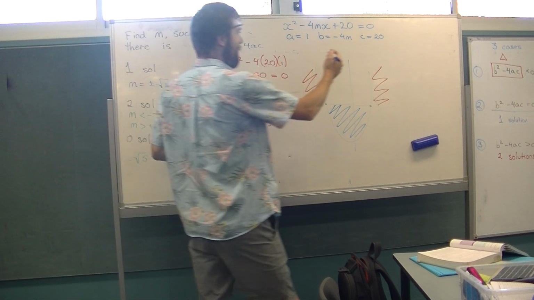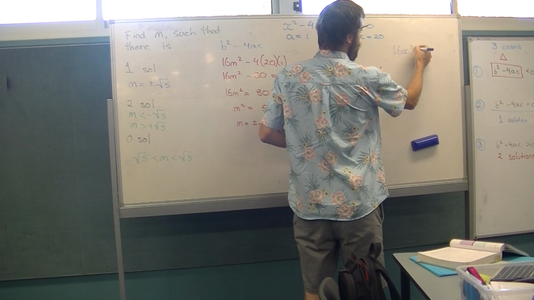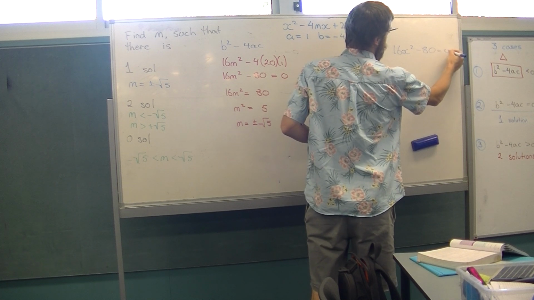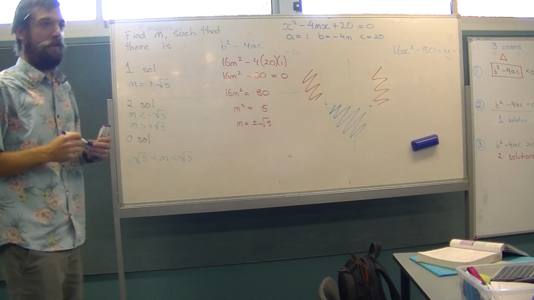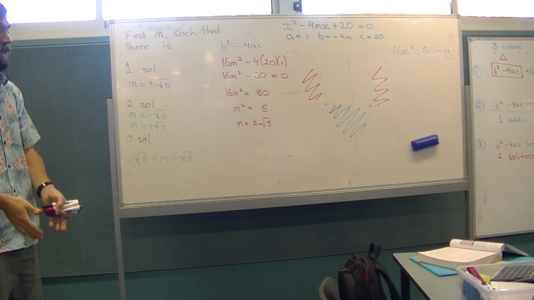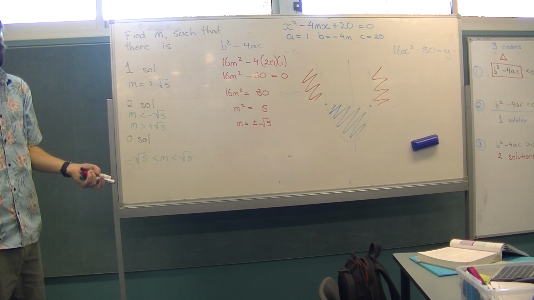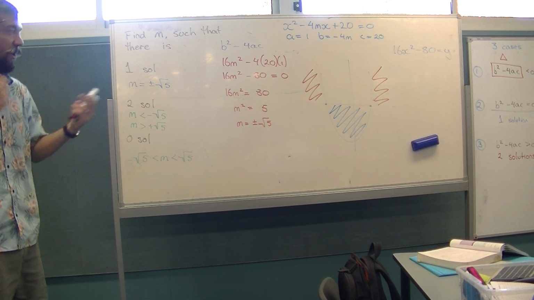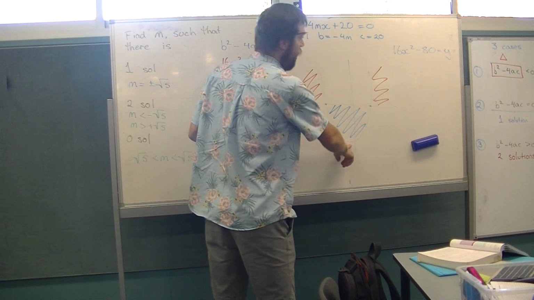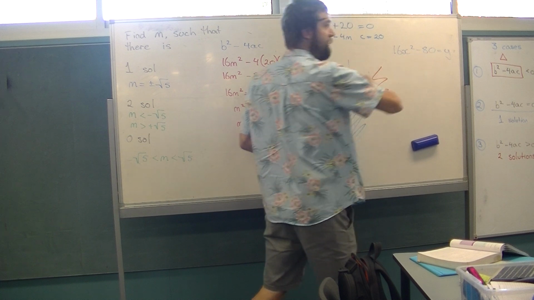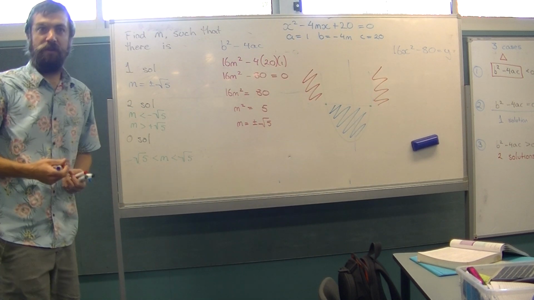And what transformation has occurred in this thing? It's moved down 80, with a dilation factor of 16. There's no horizontal shift, is there? No. So the turning point should be directly on the y-axis. It's just moved down. That's the only transformation that's happened.